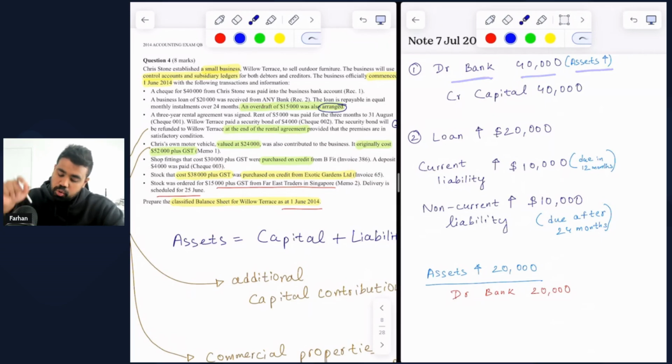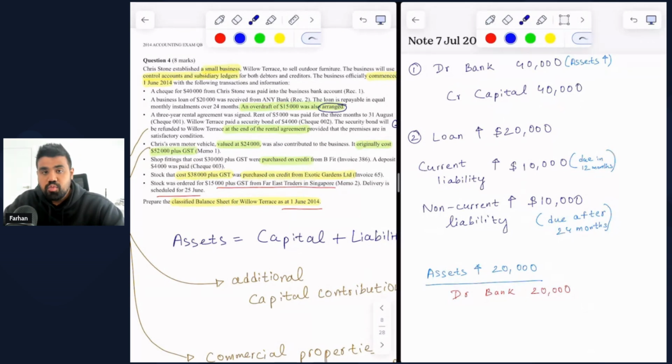At the same time, we know this $40,000 that we have injected into the business represents the owner's equity or the capital. So we are crediting capital by $40,000. What's the reason for debiting bank by $40,000 and crediting capital by $40,000? Always remember, when assets increase, which is what is happening when you are injecting $40,000 into the business bank account, we debit them.